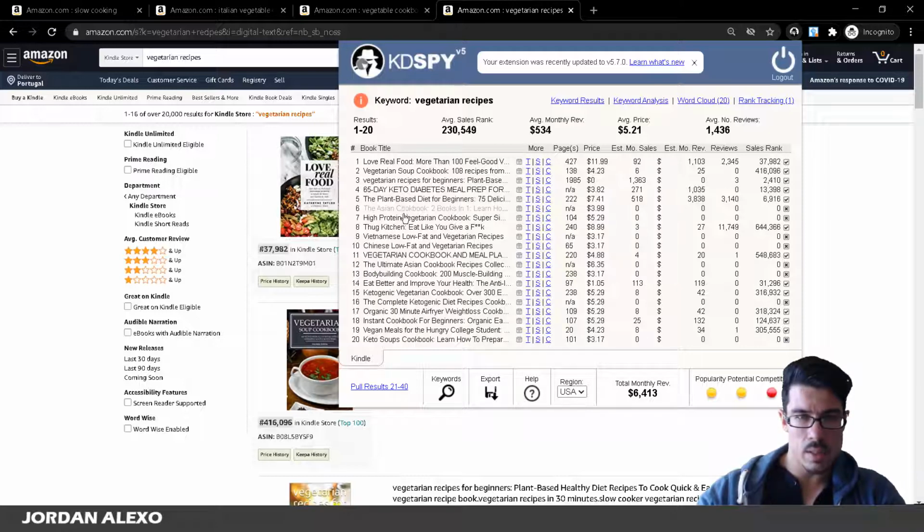But yeah, most of these books seem to be relevant. And we have like 1, 2, 3, 4. Okay, 4 books are performing really well. They are below 30,000 sales rank. So yes, this seems to pass the profitability test. So this seems to be a profitable keyword.